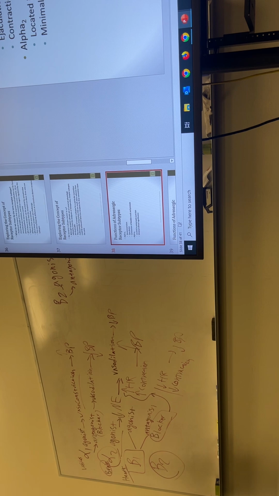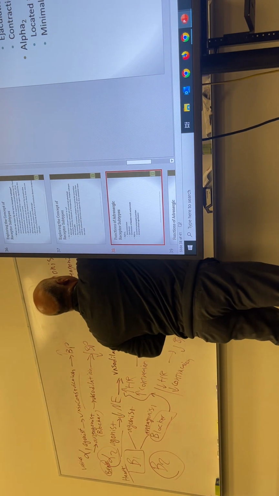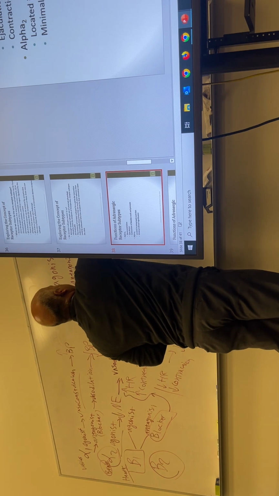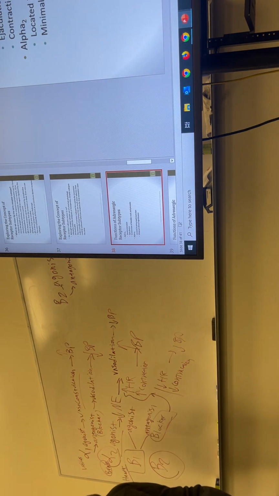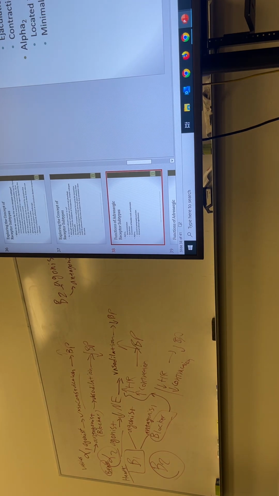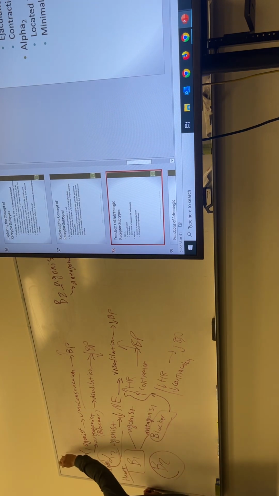So now the beta 2 agonist, what's going to happen? If we give beta 2 agonist, we know it is located in 3 systems. In lungs, what does it do? It opens up the lungs, right?